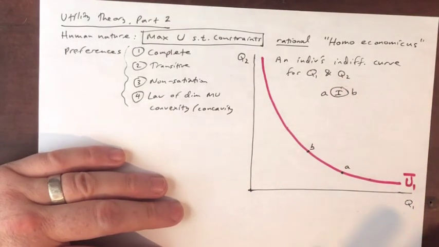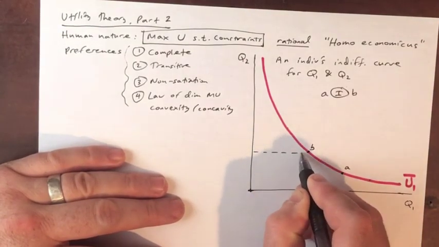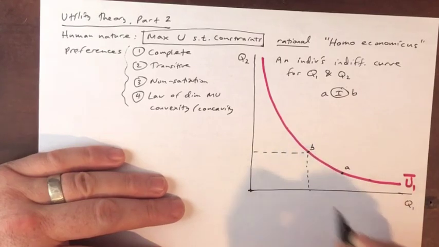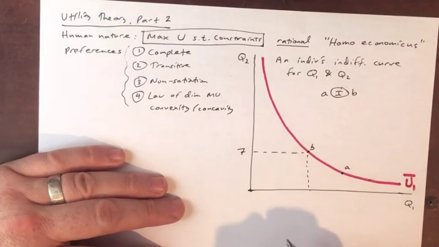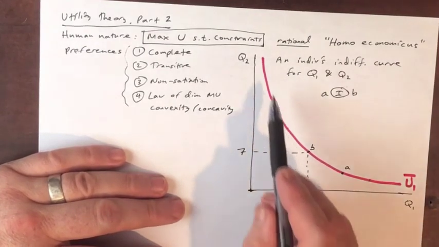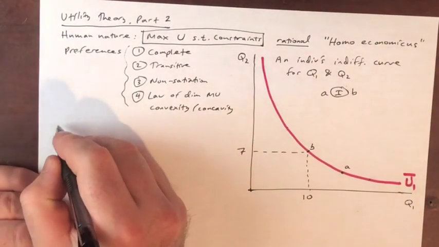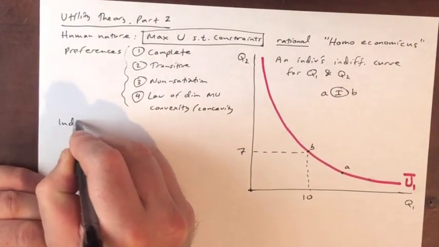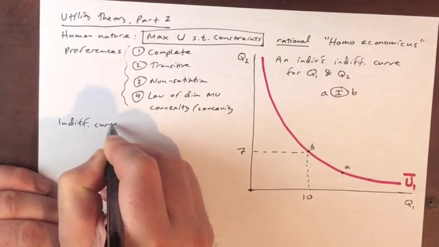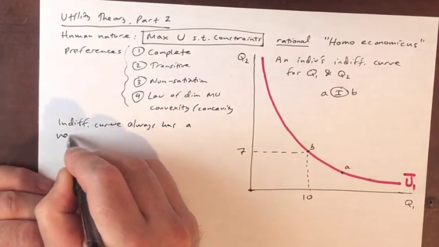Okay, but here's the thing, right? If we say, okay, B is a certain combination of these two goods, let's say this involves 7 of good 2 and 10 of good 1, so the rules of the indifference curves, okay, so here's what we've learned, the indifference curve always has a negative slope.